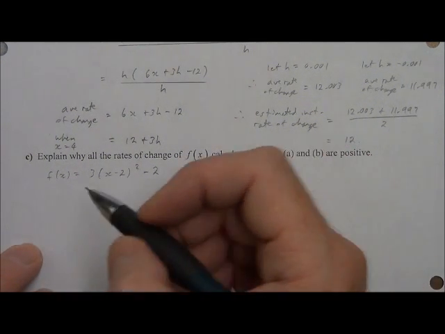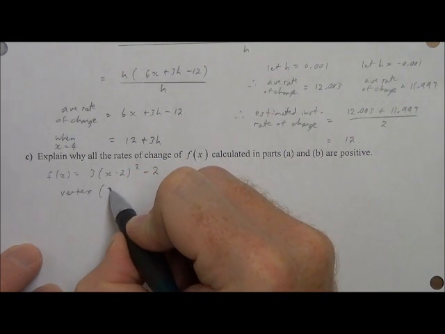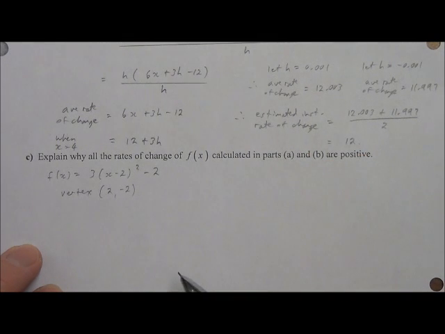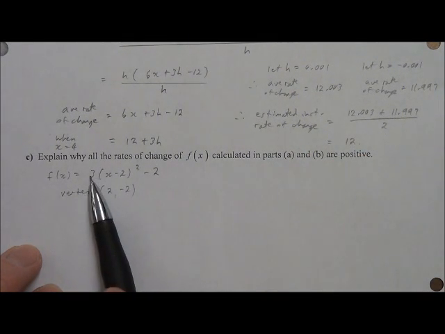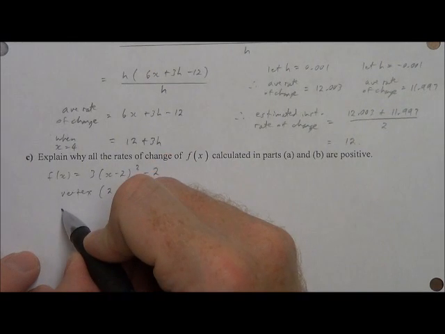Okay, so we know that's the vertex form, and the vertex is 2, negative 2. Look at the lead coefficient. The sign of the lead coefficient, what's happening to that quadratic. Okay, so it's going to be opening up.